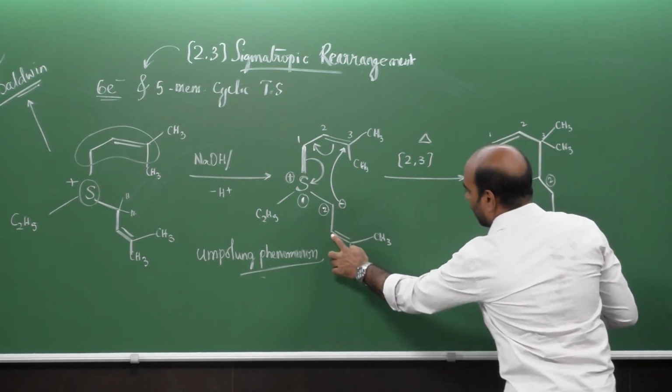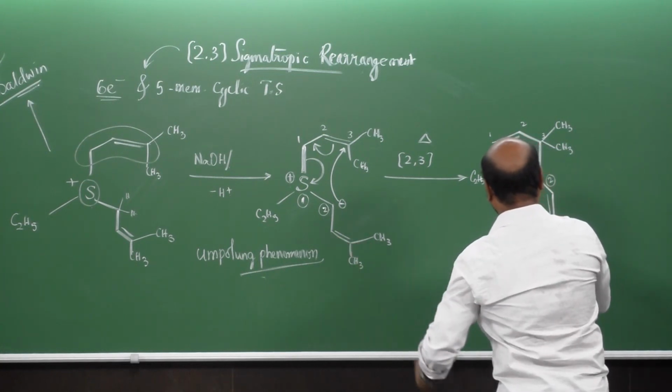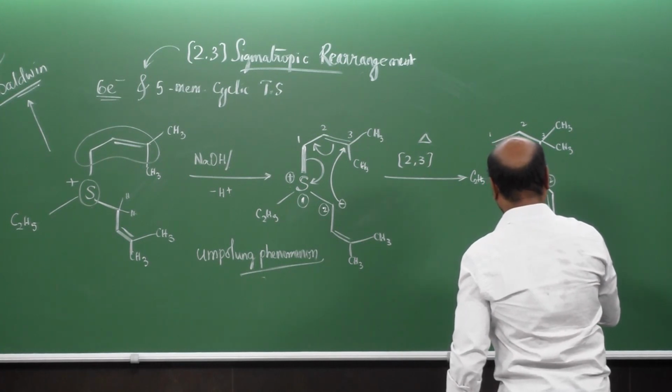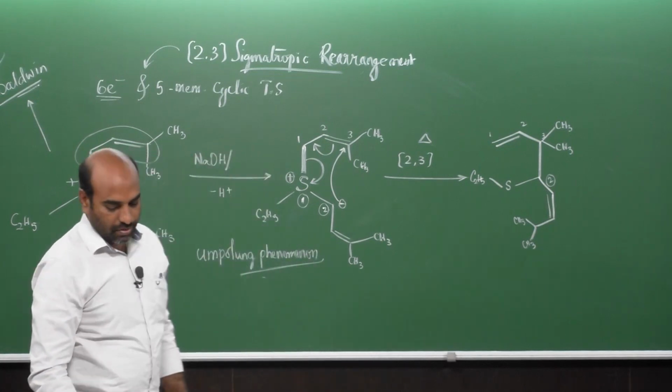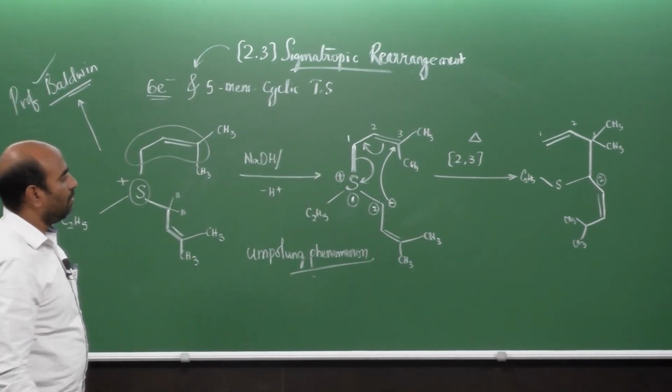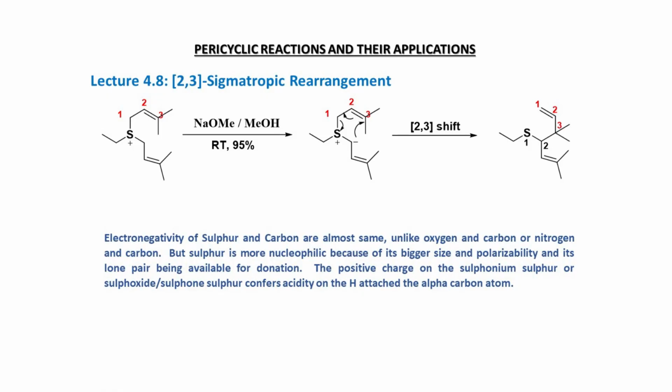So the second carbon is connected to this one, which is having a double bond and then 2 methyl groups. So this will be the product which is seen in the case of the first example, which was observed by Professor Baldwin.